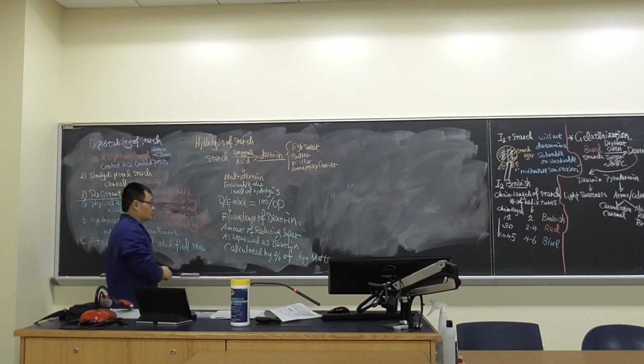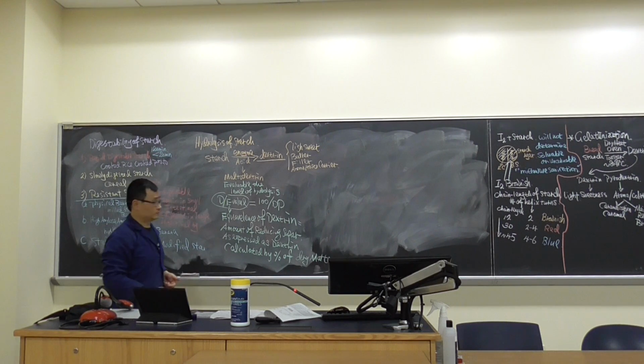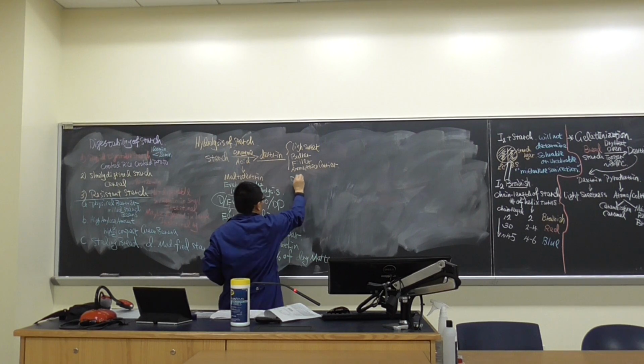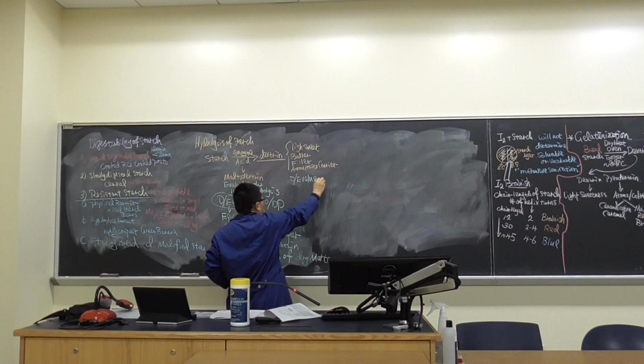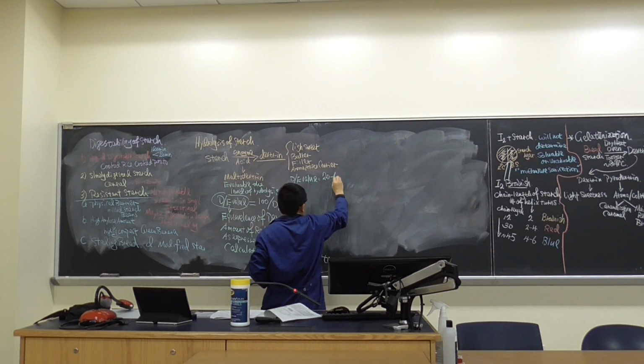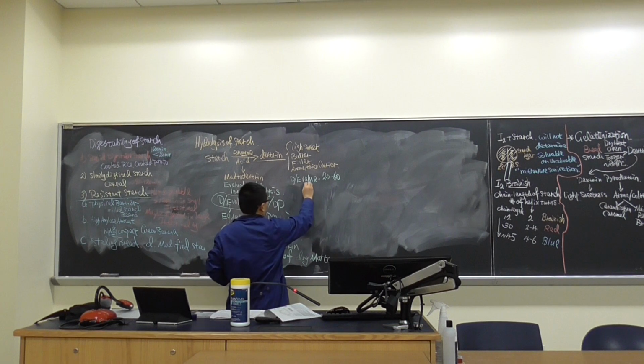Very simple example. This value is the key. The commercial DE value used in food products has to be between 20 and 60. The most widely used DE value is 42.